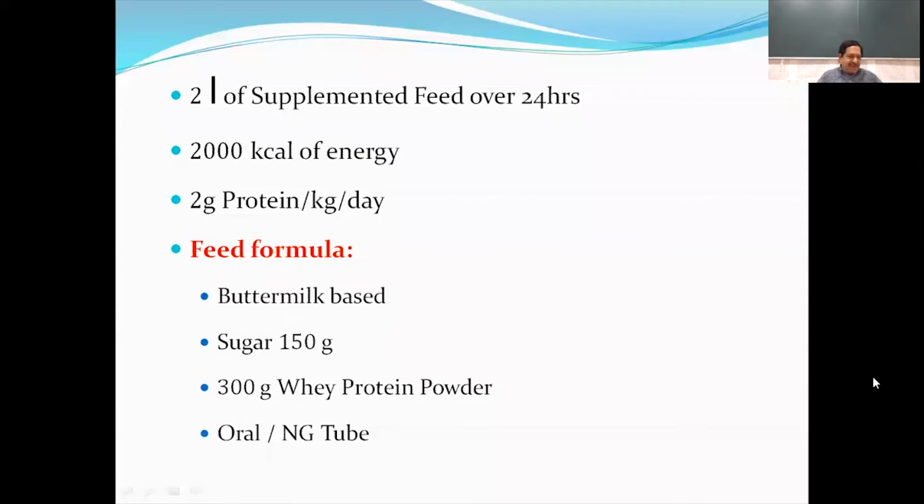You add sugar 150, 300 grams of whey protein, that is from the milk, either through oral or nasogastric tube. Now 2 liters must be supplemented either orally or by nasogastric tube to the patient. This is in addition to the normal diet which he is willing to take, but this is a must, and this gives 200 kilocalories of energy.